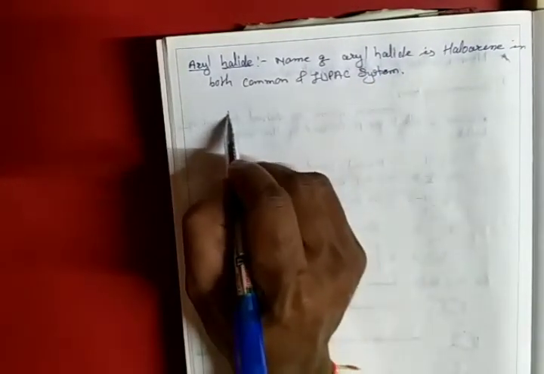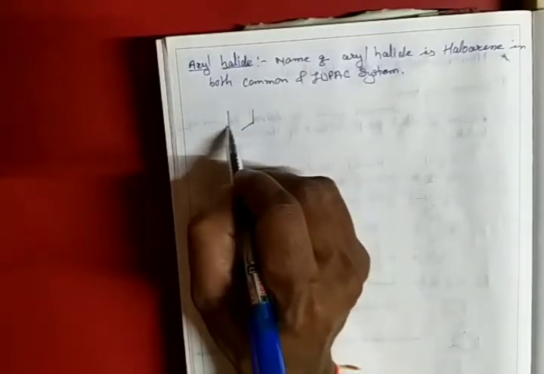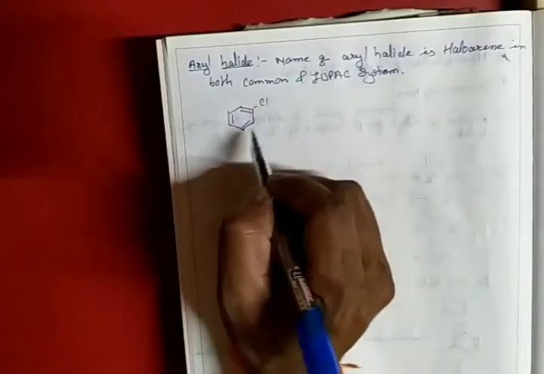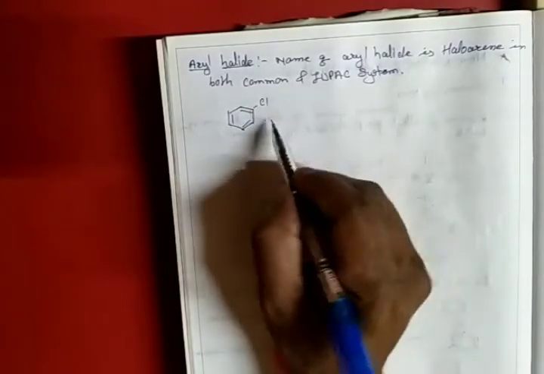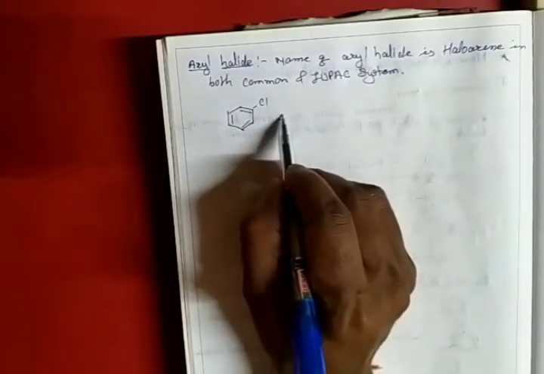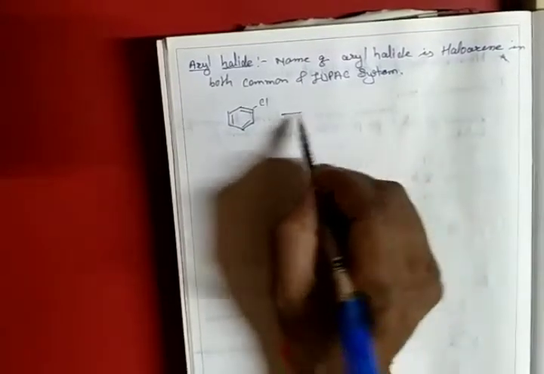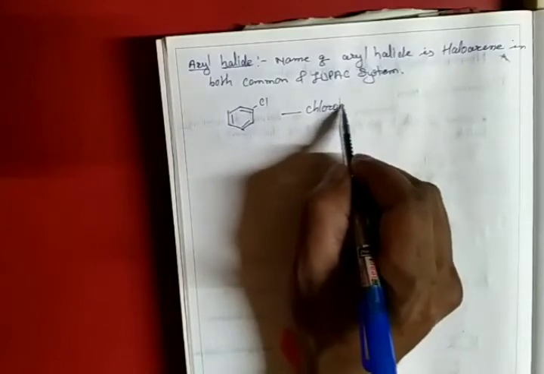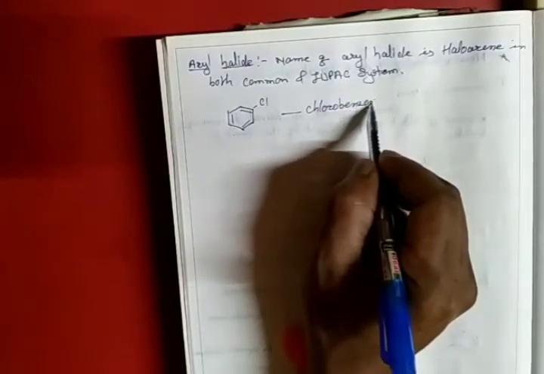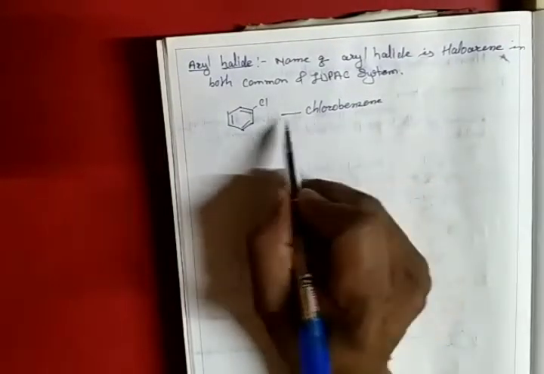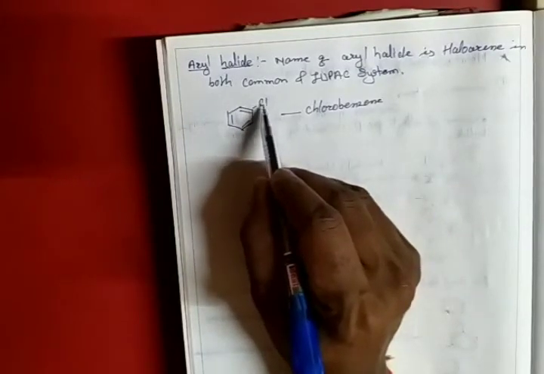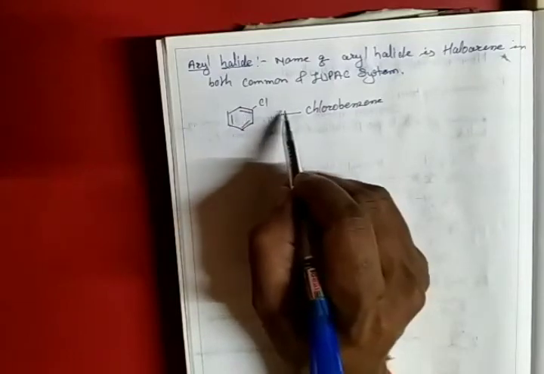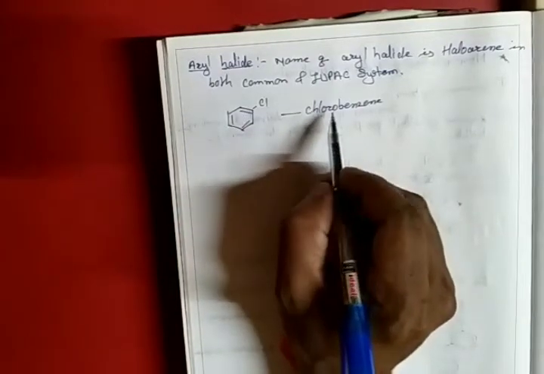For example, suppose we have a chlorine directly attached to benzene. This aryl halide is called chlorobenzene, because the halogen atom is chlorine attached to the benzene ring, so chlorobenzene.